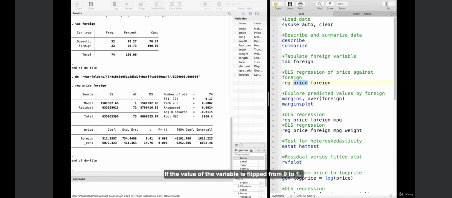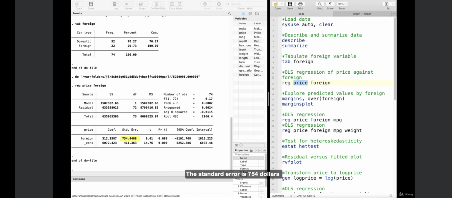If the value of the variable is flipped from 0 to 1, in other words, if a car changes from being a domestic car to a foreign car, by how much will the car's price increase? The answer here appears to be $312. However, we also observe that the standard error around this estimate is quite large.